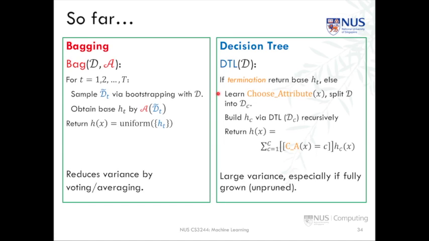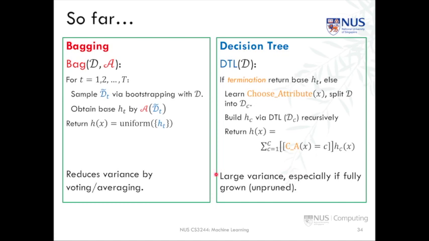We choose the attribute with the highest information gain and build a classifier for each of the separate subsets of examples that have that attribute set to a certain value. And we are going to return the hypothesis, which is basically using that hypothesis against each of these individual classes over all of the decision tree paths.